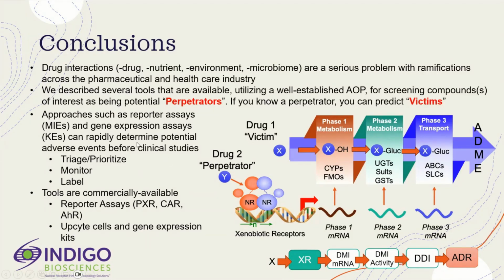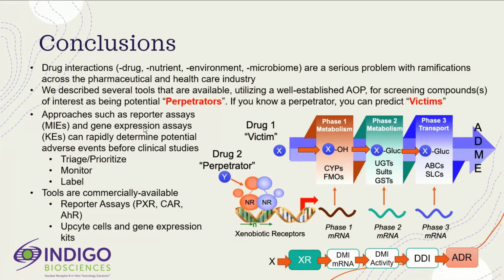So this helps you in how you prioritize your drugs, try to minimize the drug-drug interactions by perhaps removing those PXR activators or CAR activators if you're able to from your pool of potential candidates to decrease the potential.